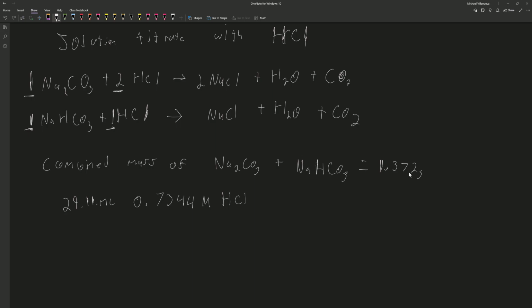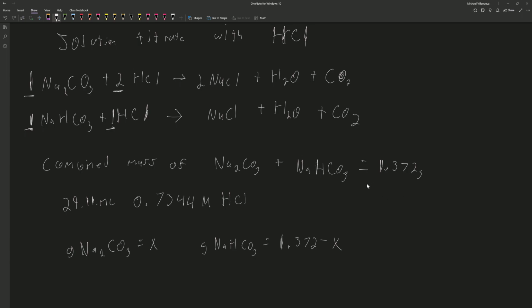So let's say the grams of Na2CO3 are equal to X, and the grams of NaHCO3 are equal to 1.372 minus X. That makes sense, because if we subtract this amount from the total amount, we should get this amount, right?